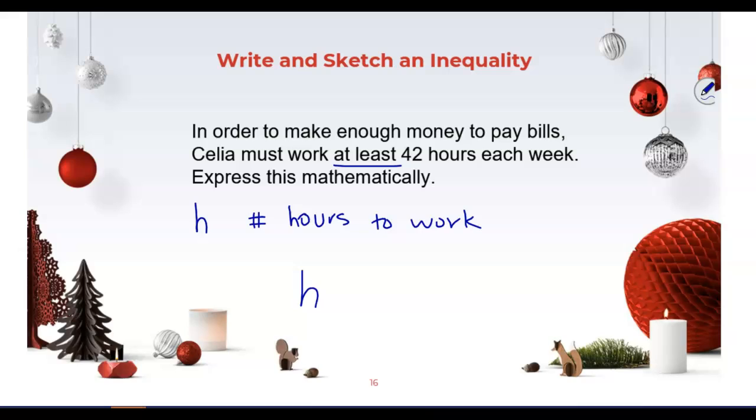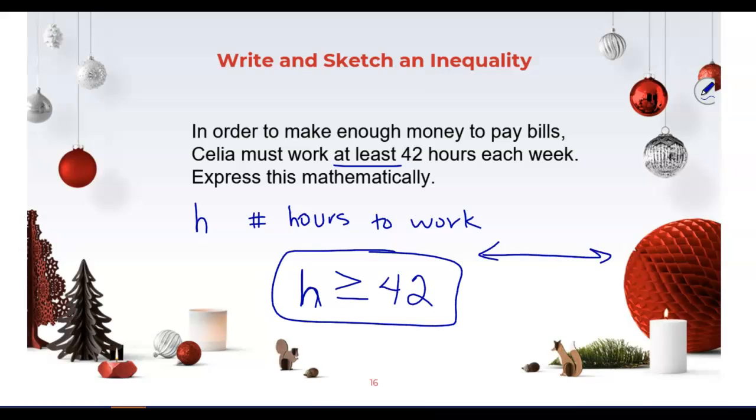Okay, let's play around with those symbols. Hours and 42. Well, if I work less than 42 hours, am I going to have enough money to pay my bills? Here I'm saying at least, so that means that's the smallest I can work. So my number of hours has to be bigger than or equal to 42 hours in order to pay my bills. So that is our inequality.